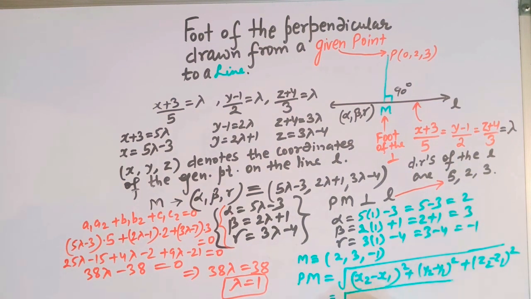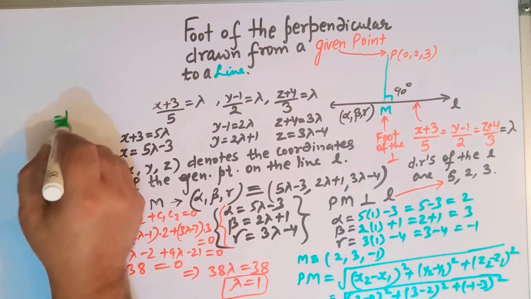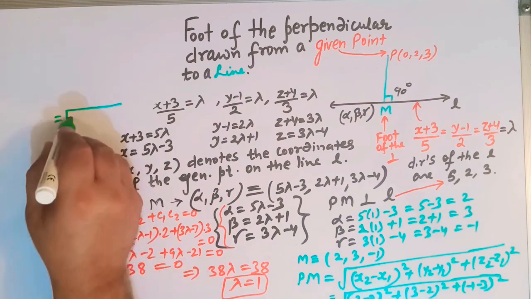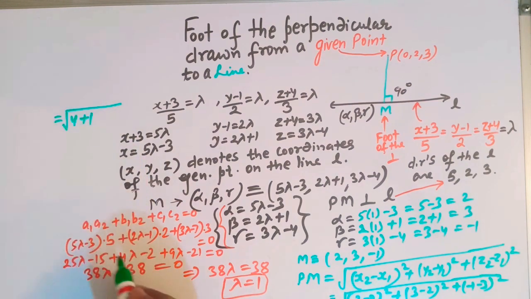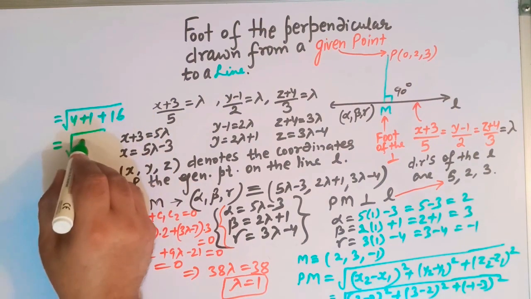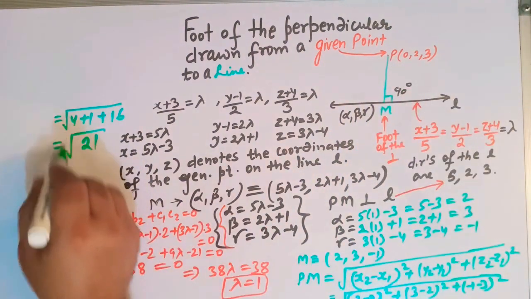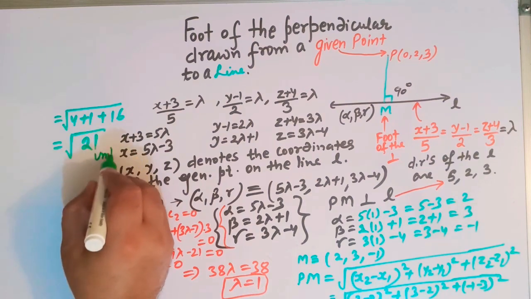So we can write (2 minus 0) square plus (3 minus 2) square plus (minus 1 minus 3) square, right? Now if we calculate this expression, we get 4, then we get 1, and then we get 16, right? And this is equal to square root of 21. So the length of the perpendicular PM is square root of 21 units.